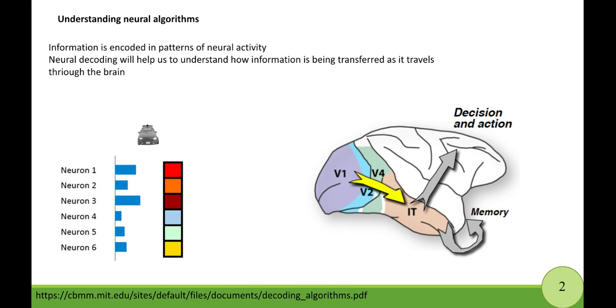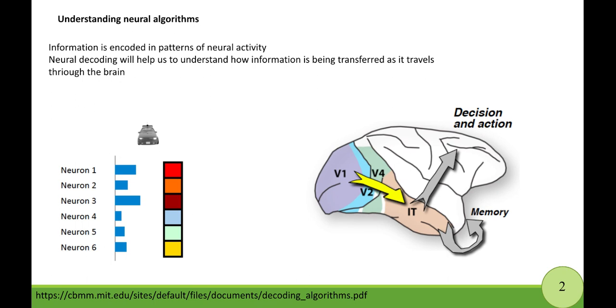Techniques like neural decoding help us understand how information is transferred as it travels through the brain. As I said before, it starts from V1 and goes to V2, V4, and IT, which decides what the object is and detects it.